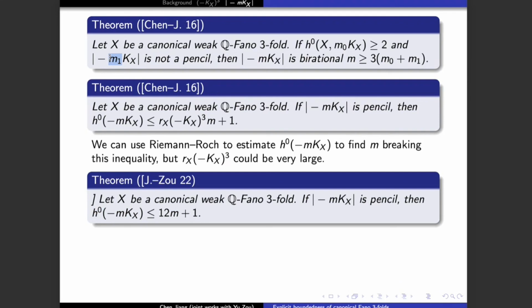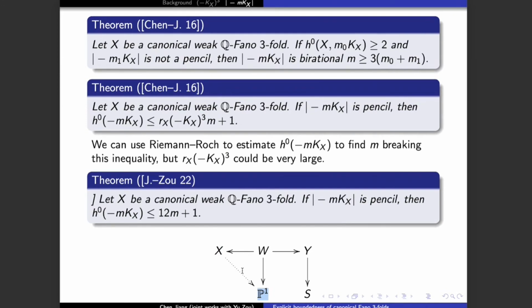Okay, so this is basically what we do. And here I just drew a picture to explain how we prove this theorem. I think I have 5 minutes, right? Say minus mk is a pencil. By pencil I mean we have a rational map from X to P1.